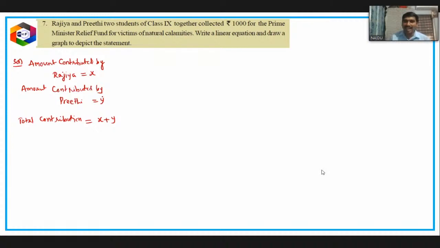But as per the problem, that contribution amount will be equal to 1,000. So X plus Y is equals to 1,000. So this is the actual linear equation in 2 variables, which represents the given information.